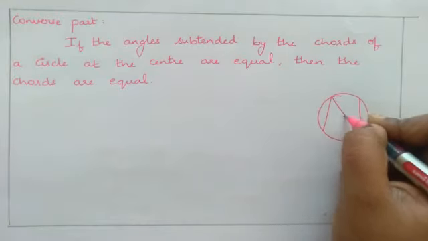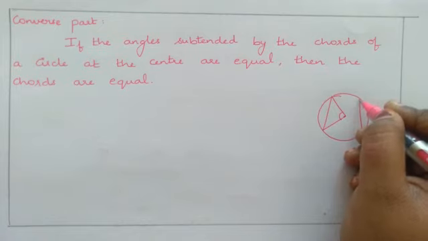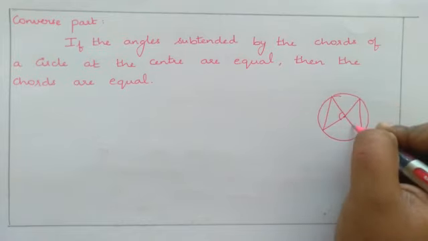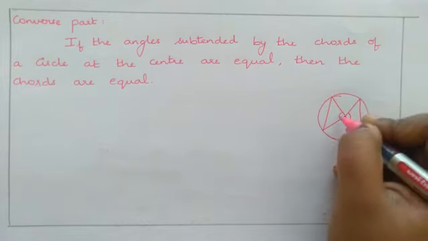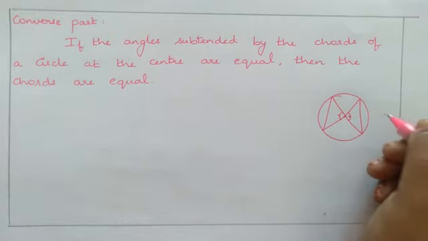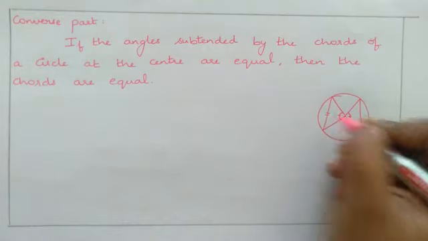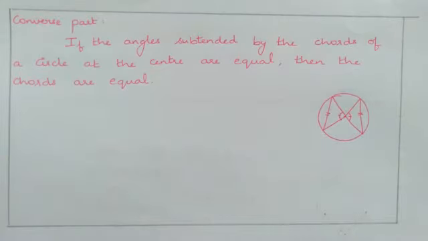If this chord is making an angle with the center, and if this chord is again making an angle with the center, if these two angles are equal in measure, then the two chords must be equal. That's it. So, this is the converse part of the theorem which we had discussed.